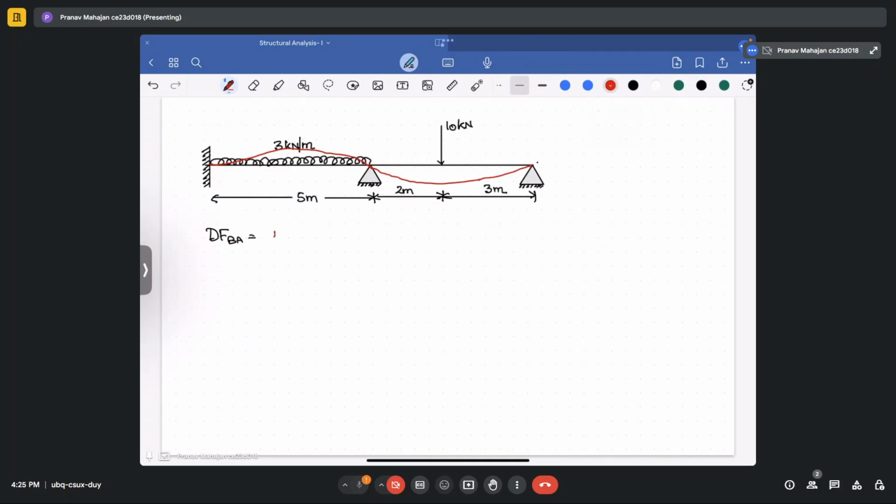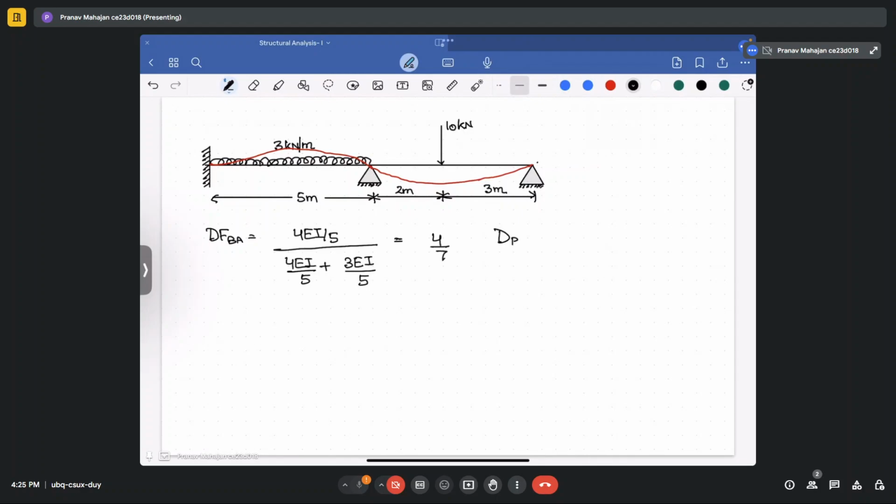So first, the distribution factor in this case, for dBA, will be 4EI by L divided by 4EI by L plus 3EI by L, that will be equal to 4 by 7.